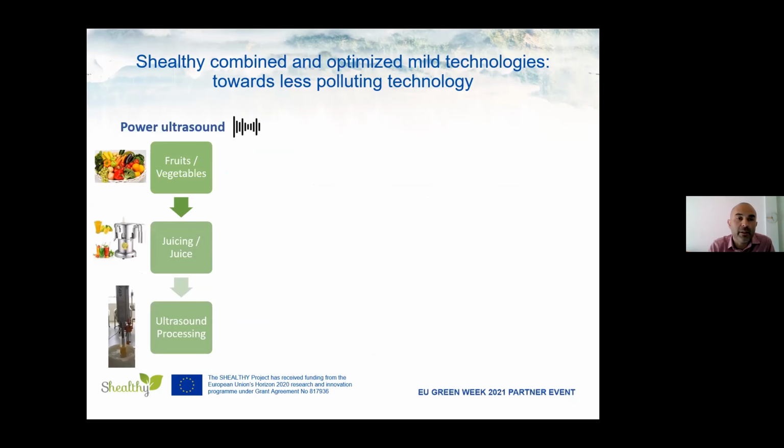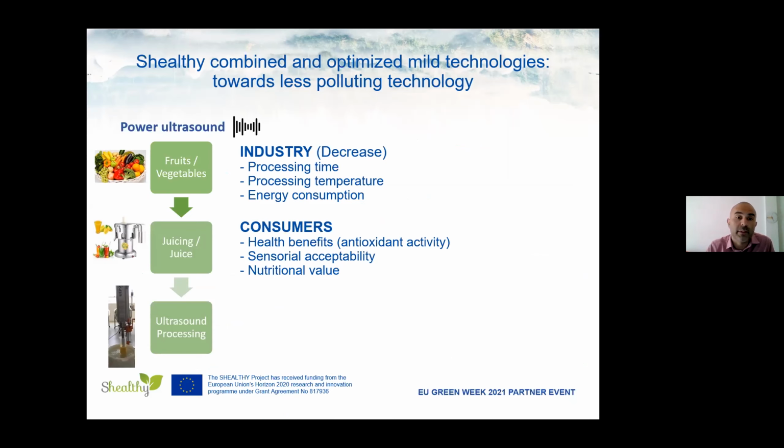In the juice industry, the process for obtaining the juice is simple. We take the fruits, we prepare the juice, and then we apply the ultrasound for stabilization. This technology has many benefits for the industry, for example the reduction of the processing time, the temperature of the processing, and the energy consumption.